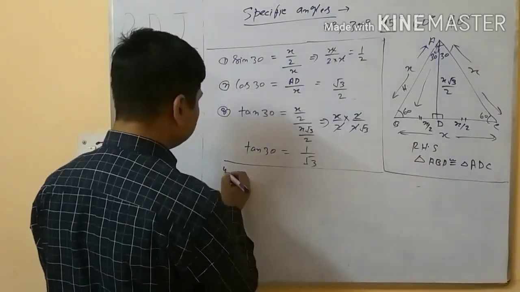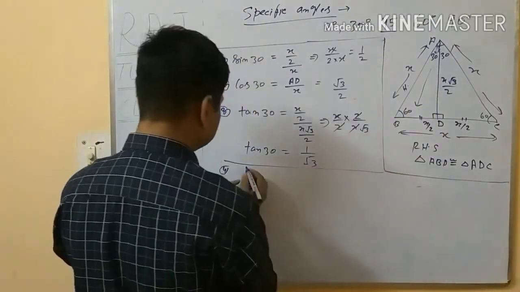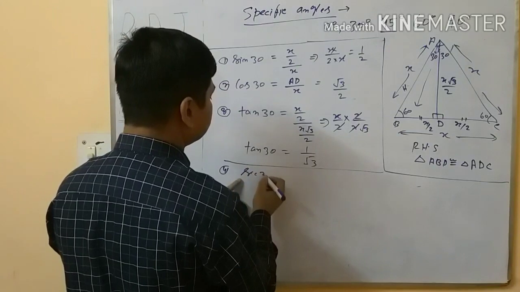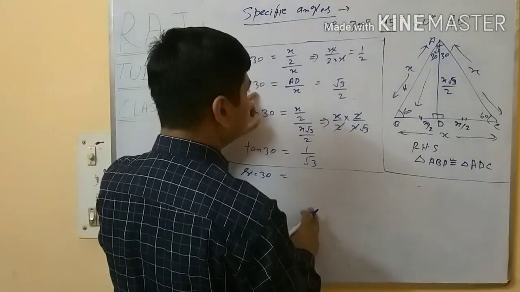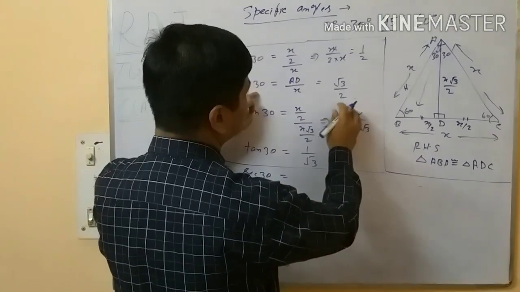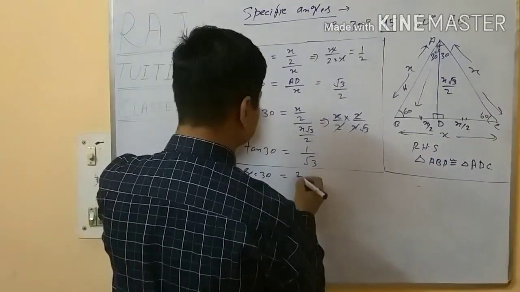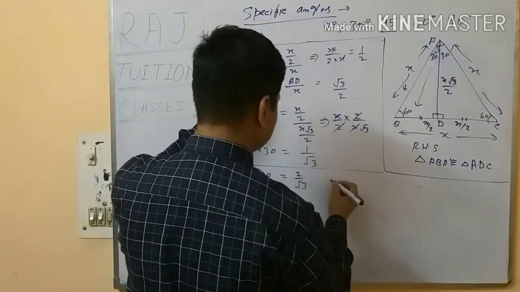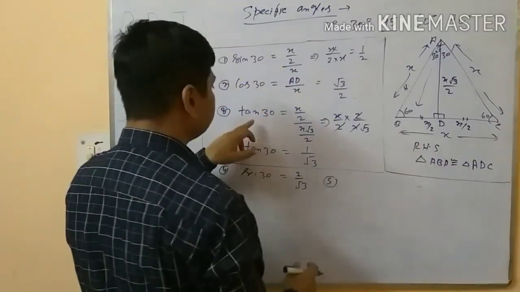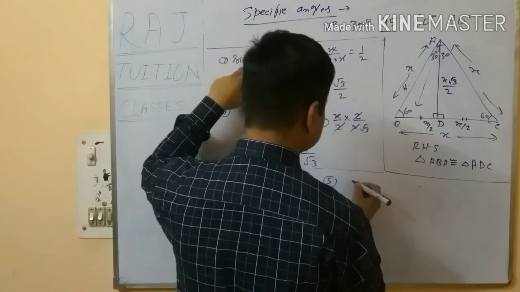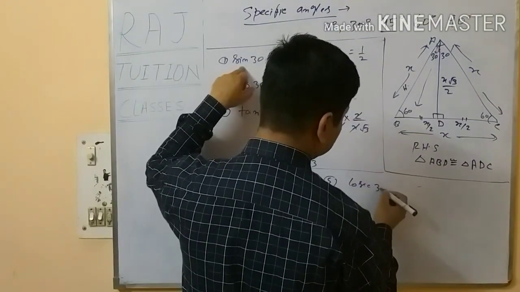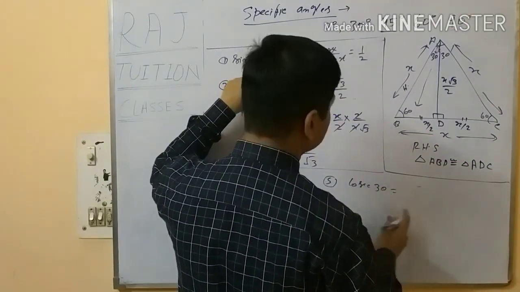And we need to go through the standard first of all. So to find sec 30, this will become the reciprocal of cos 30. So the reciprocal of cos 30 is 2 upon root 3. If you want to find the value of cosec 30, this will be the reciprocal of sine 30.